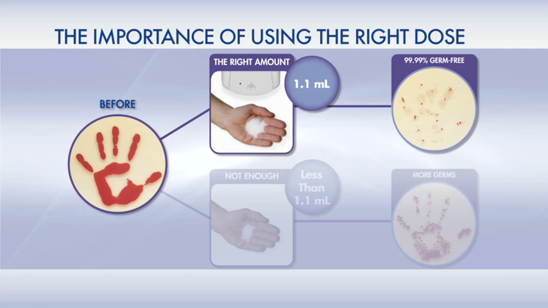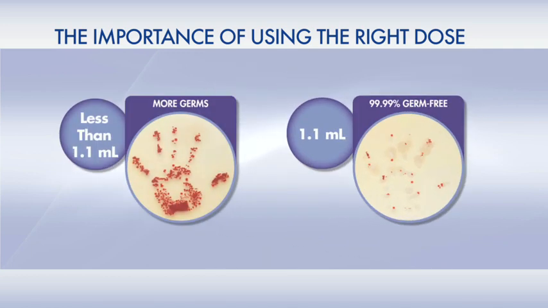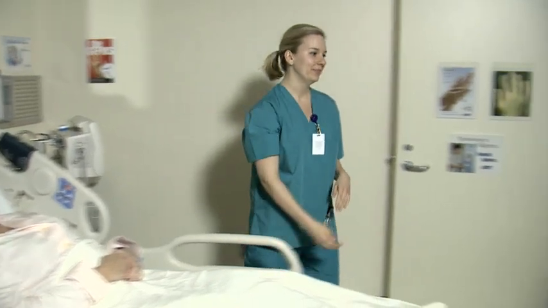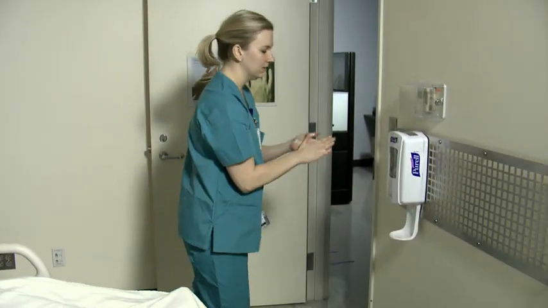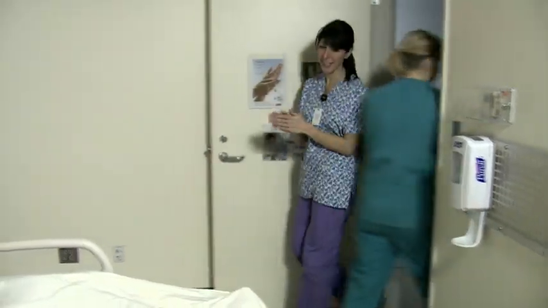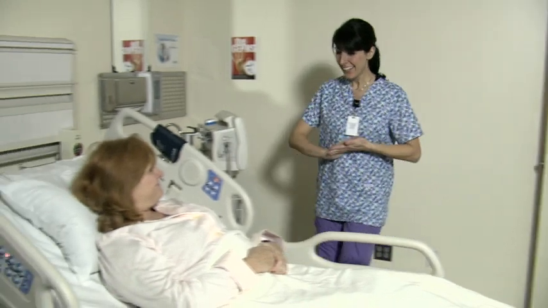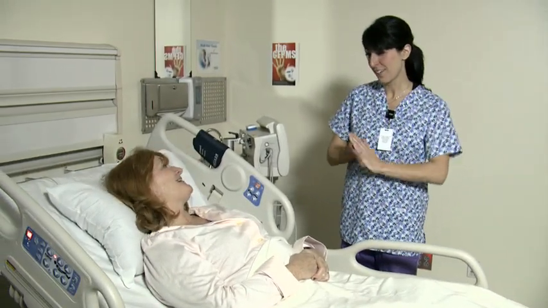And the white colonies of bacteria that remain visible are normal, healthy bacterial flora of the hands. But you can see the dramatic difference between using 0.6 ml and 1.1 ml of product. Just like a medication, it is critical that you use the right dose of alcohol-based hand sanitizer in order to achieve the desired outcome, which is adequate reduction of germs on your hands.